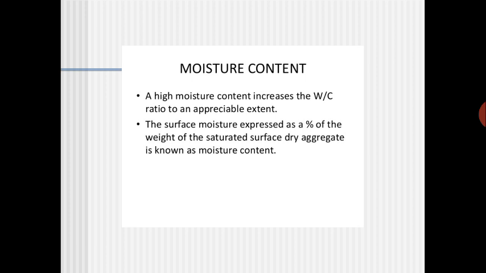A high moisture content increases the water to cement ratio, of course, to an appreciable extent. Normally, if moisture content is increasing, it will increase the water to cement ratio or water to binder ratio, that is 0.45 is the standard.